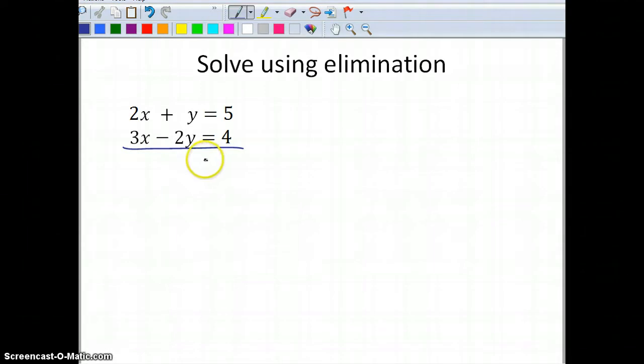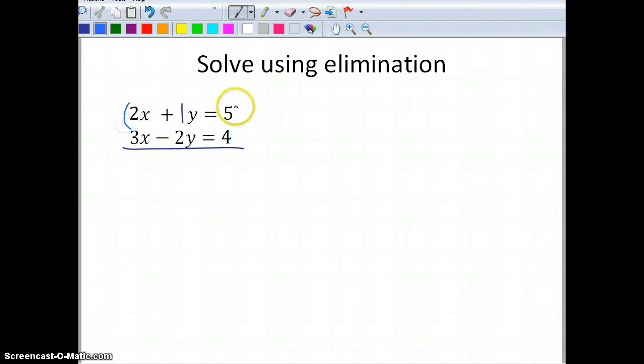Now the first thing I notice is, well, 2 and 3, I could fix that so it had the same coefficient. But look at y. I've got a negative 2y, and essentially I have a 1y right here. What would I multiply this by so that it would be a positive 2? Because this one's a negative 2, I want this one to be a positive 2. I'd multiply it by 2.